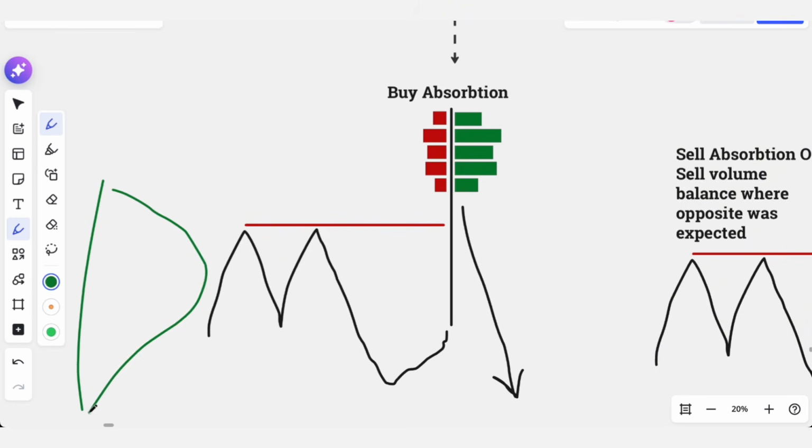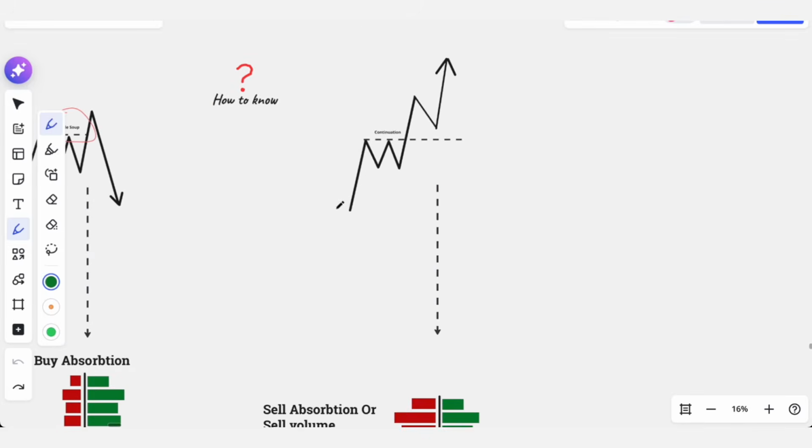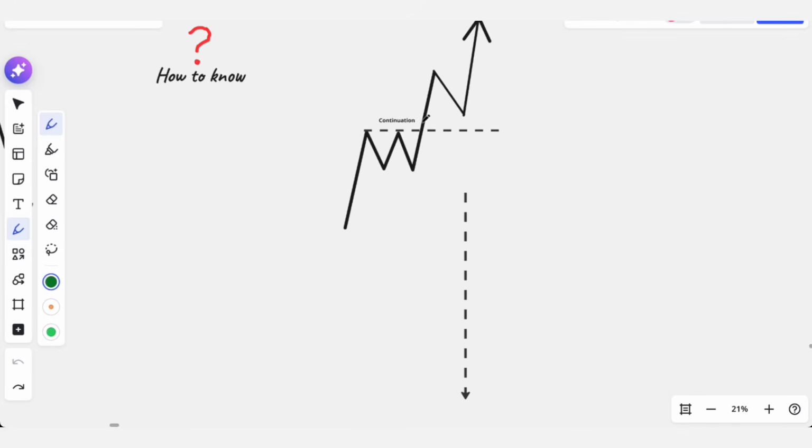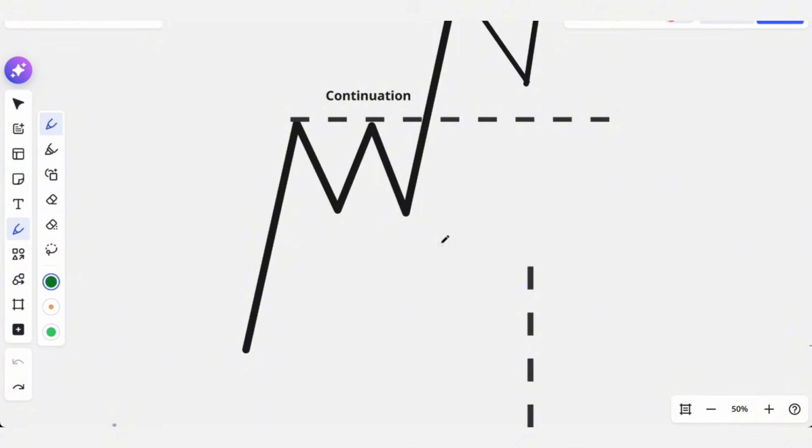The turtle soup actually follows the failed auction principle. So in the continuation patterns, you can see the price took out the highs, breaking the highs or lows. Example, let's say the price breaking highs.